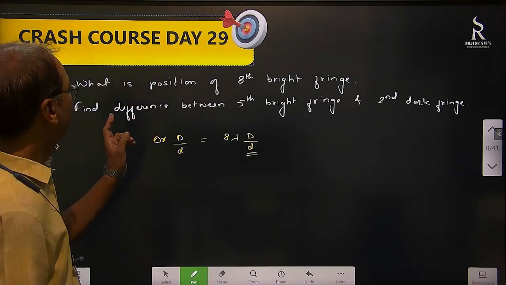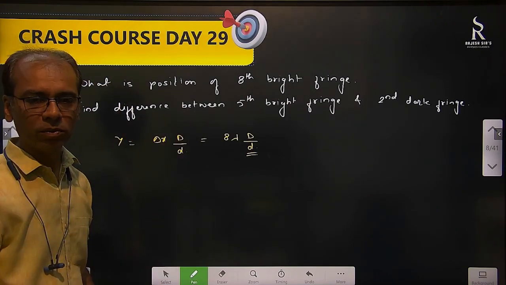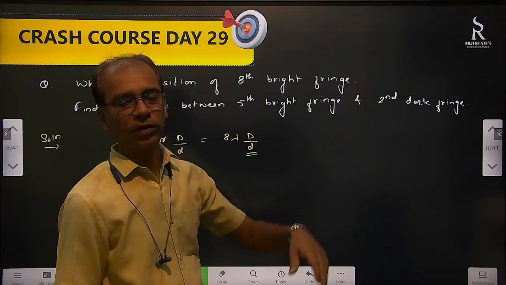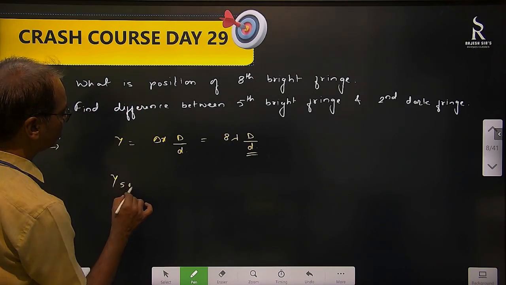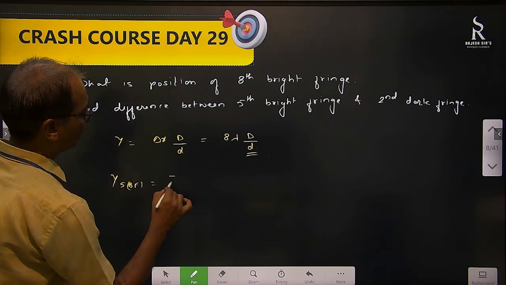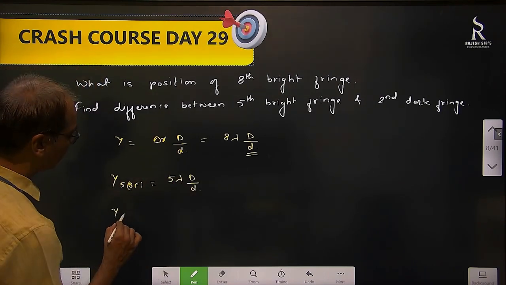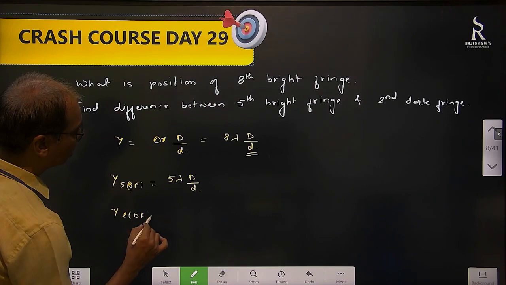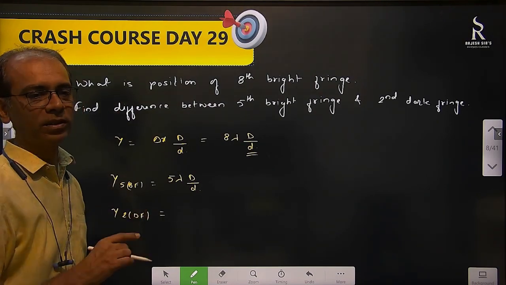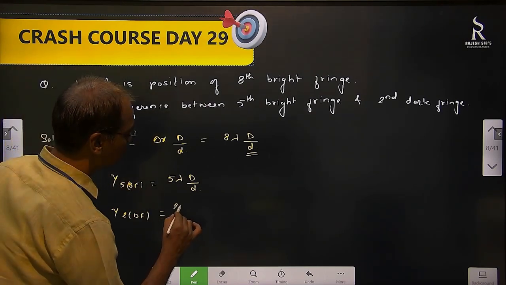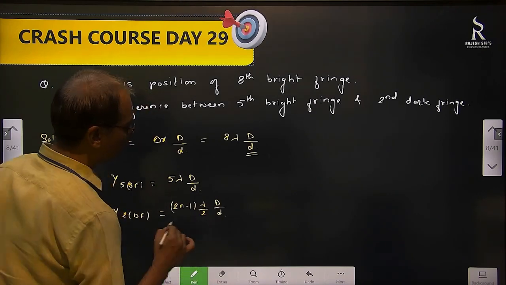Then find the difference between the 5th bright fringe and the second dark fringe. Okay, fine. So y for the 5th bright fringe is 5λD/d, and y for the second dark fringe. For a dark fringe, we said the path difference is (2n minus 1) λ/2. So (2n−1)λ/2 times D/d. What is n here? 2.